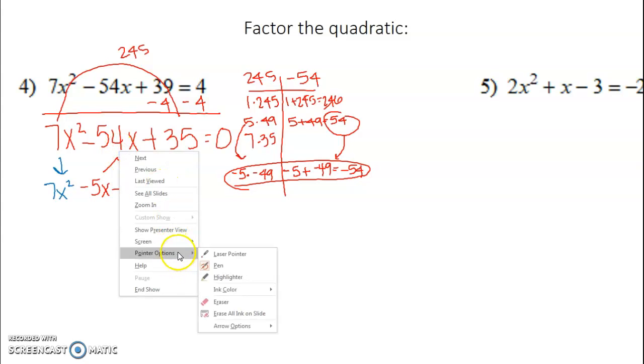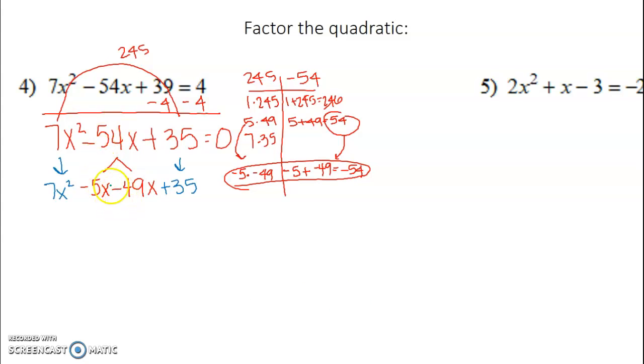And then when I split it, I'm looking for my GCF. So my GCF for this first one is x. So I'm going to divide both of these by x. That leaves me with 7x minus 5. Here my GCF is 7.